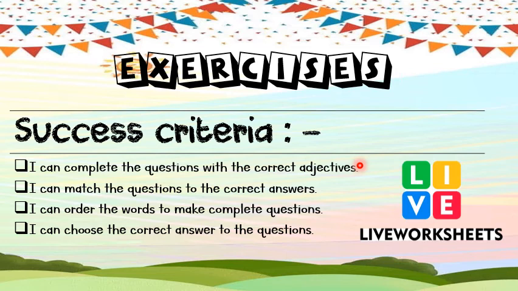Success criteria number 2. I can match the questions to the correct answers. You have the questions and you have the answers. You just have to match, padankan. Success criteria number 3. I can order the words to make complete questions.